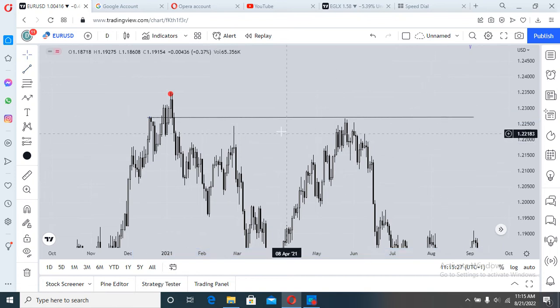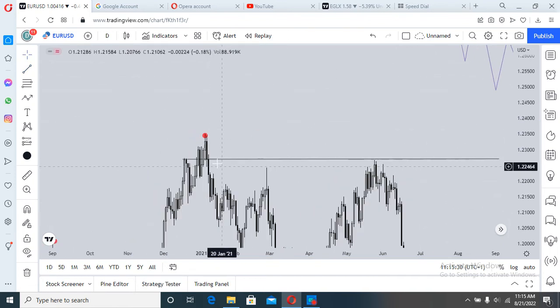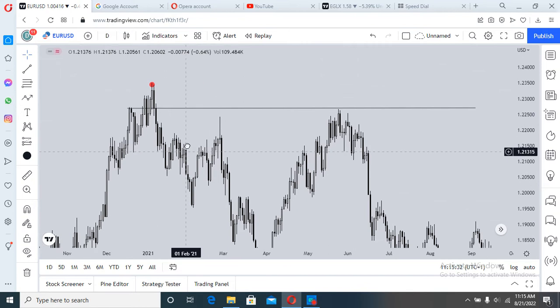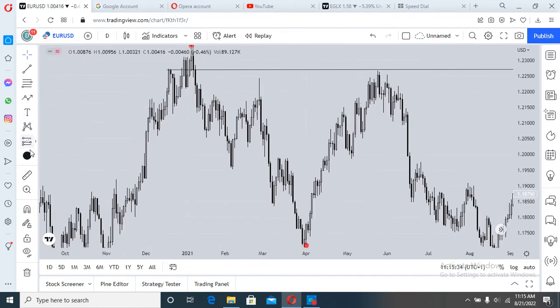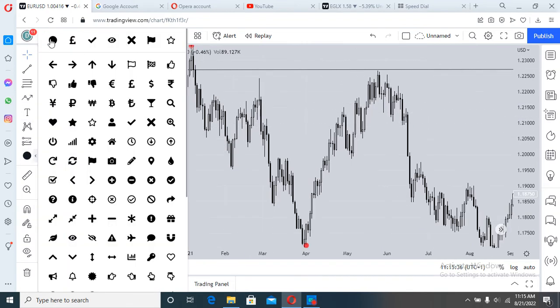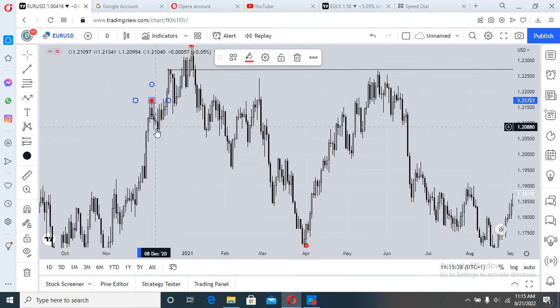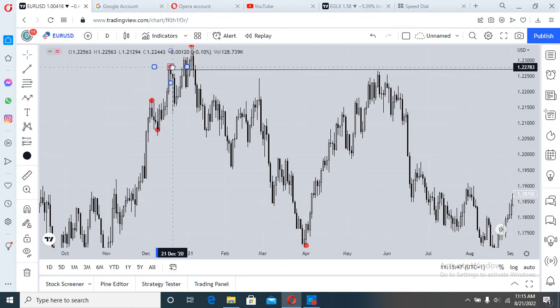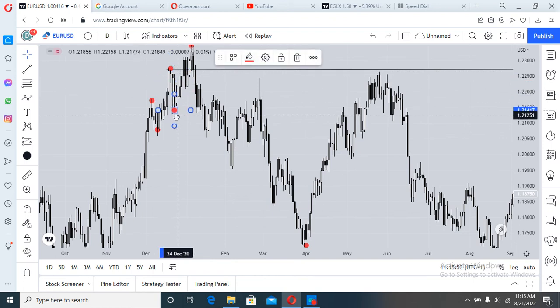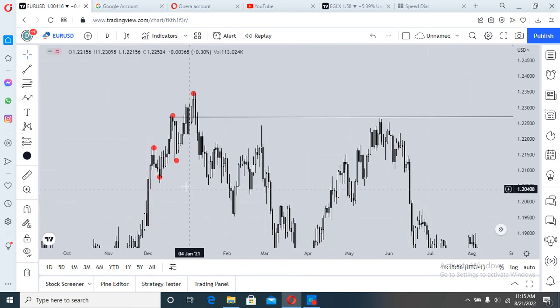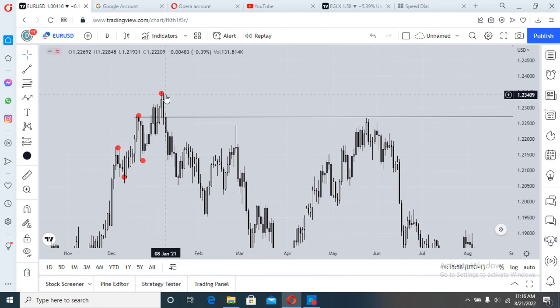Okay, I'll say this here is my QML, because on the 4-hour structure, on the internal structure, you can see higher highs here, and then you can see higher highs, higher lows. Then we have also another higher low, and then we have the maximum pain high right here.